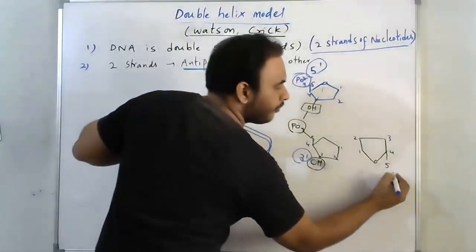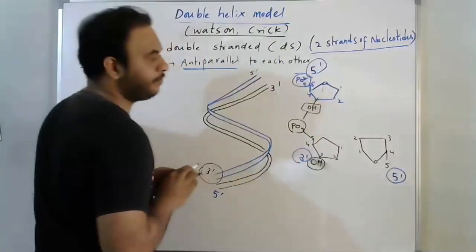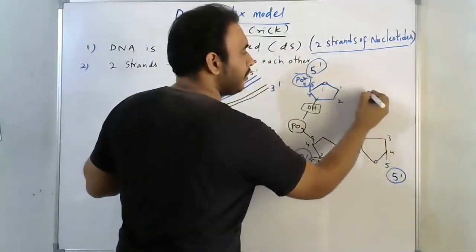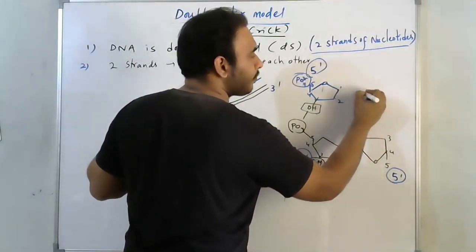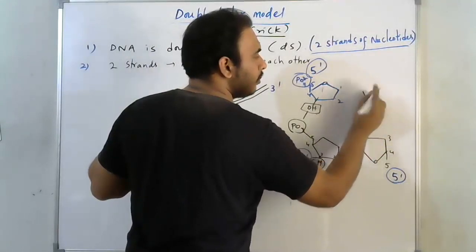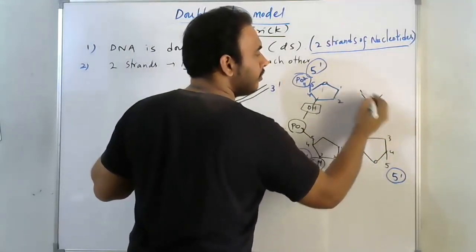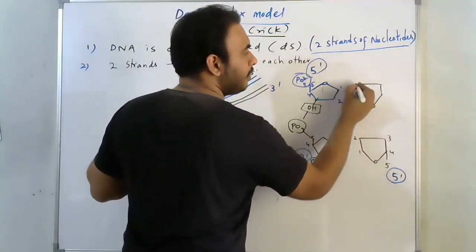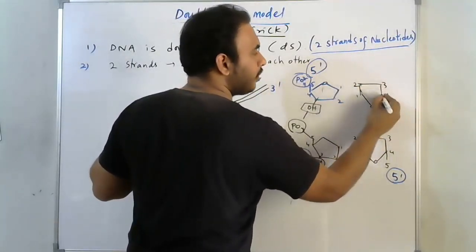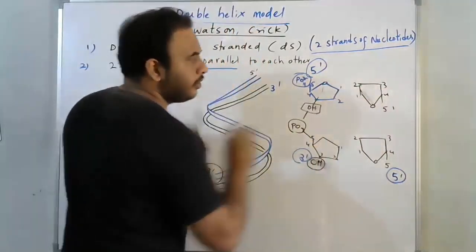So here the 5th carbon is 5'. And before that, first carbon, second, third, fourth, and 5th.